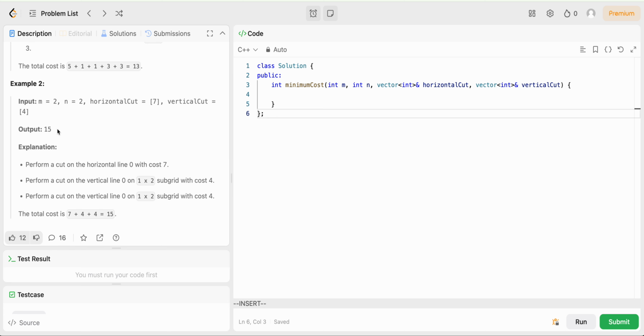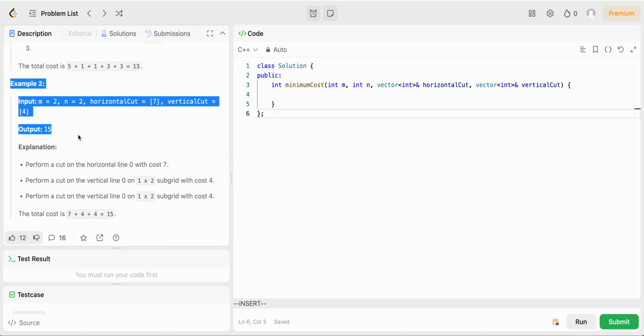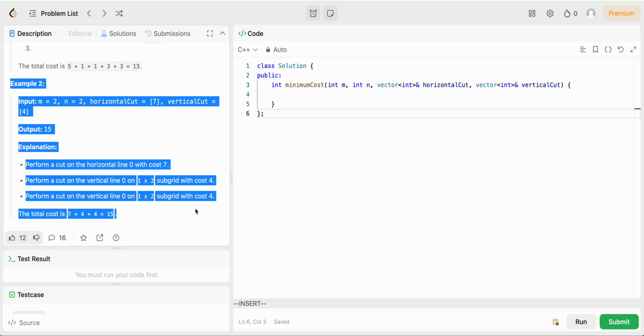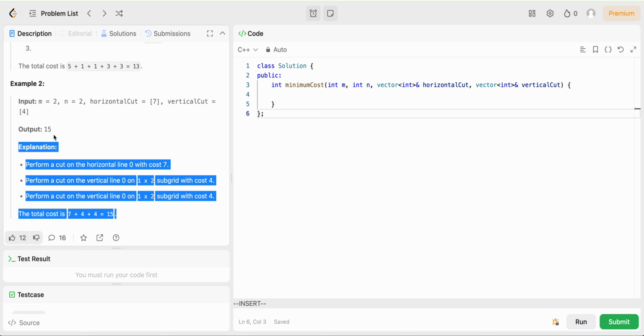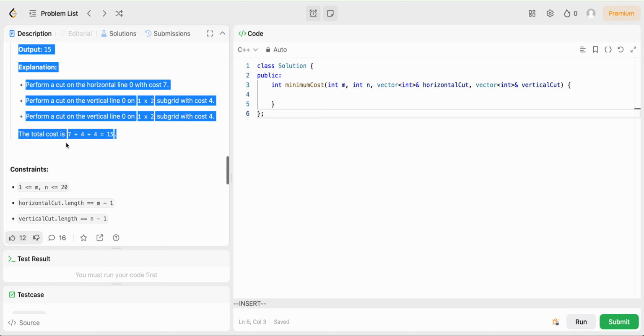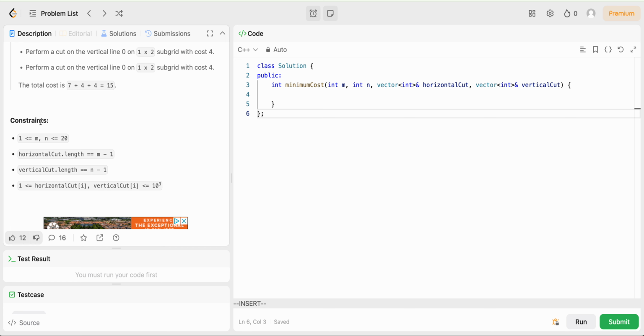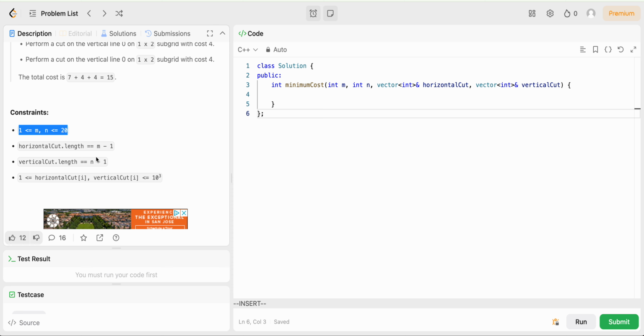And here's another example, and you can go through the explanation by yourself, so it's not very hard. Let's see the data range. The constraint of this problem is m and n are from 1 to 20. So this is not a very large number, and all the others are also not very large.